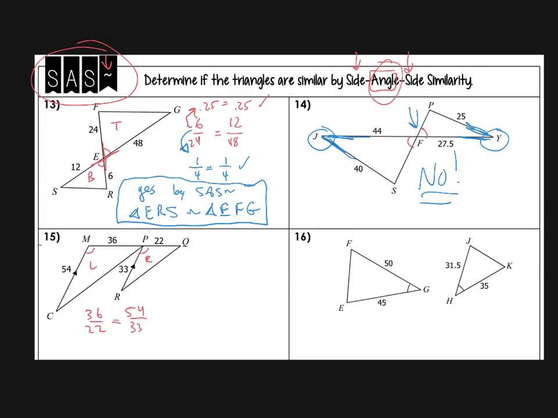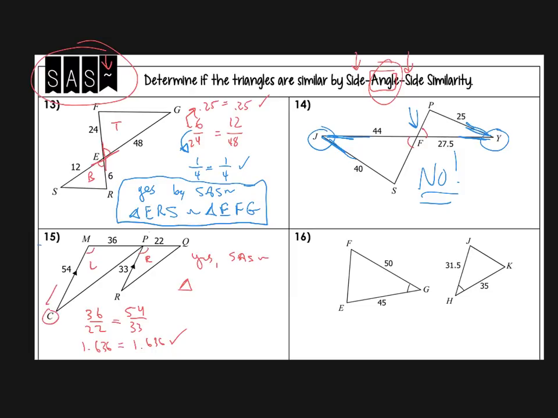And I'm going to do some division. So 36 divided by 22 is 1.636 and some change. And 54 divided by 33 is that same 1.636 and change. So they are in proportion. So we're going to say yes by side angle side similarity. And I'm just going to name the triangle on the left.